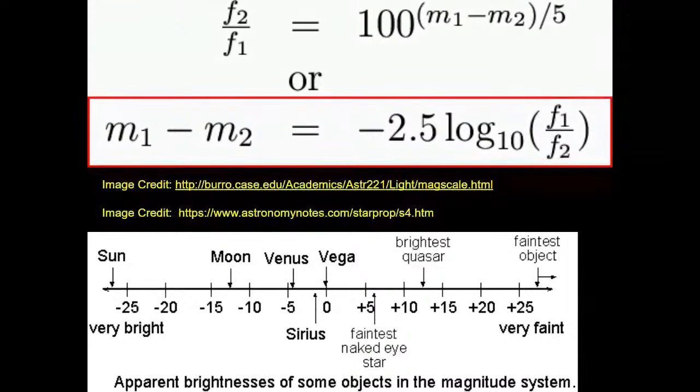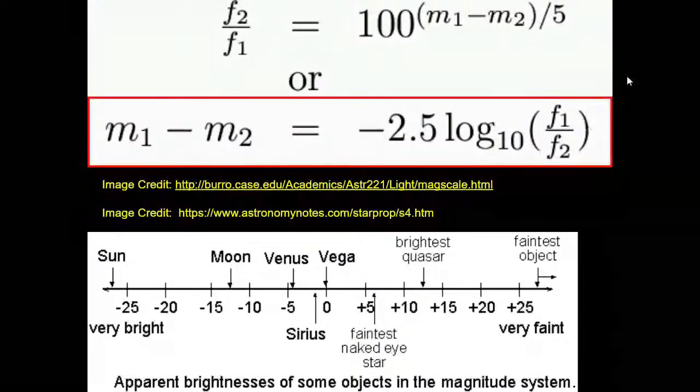So I hope I have made myself very clear. Magnitude was a system that was used by old astronomers based on naked eye observation. But today we can relate it to proper measurement, and what I have just mentioned, let me repeat it again.